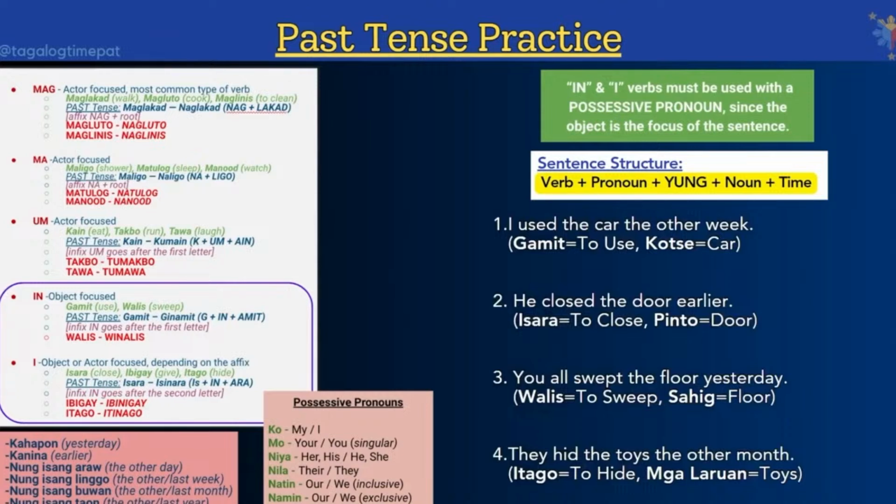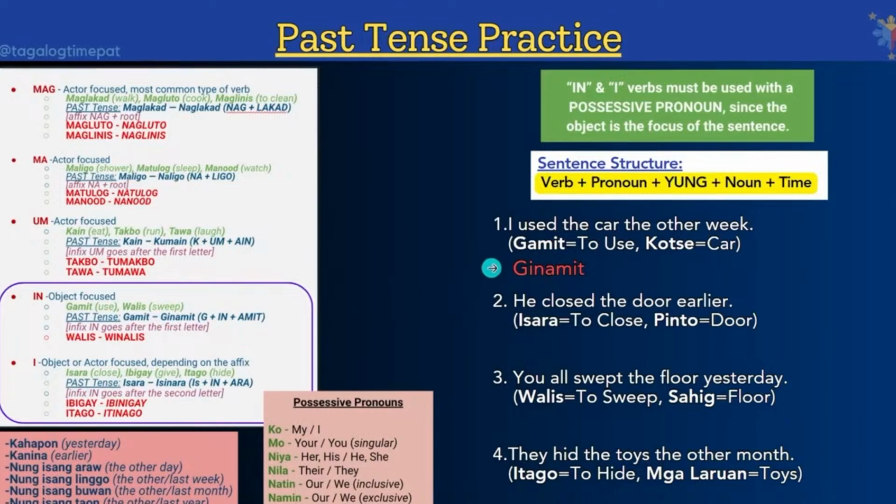So number 1, I used the car the other week. And I gave you some hints. Gamit means to use. Coche means car. So let's do this one together. So the sentence structure is verb plus pronoun. So it would be ginamit. That is the past tense conjugation of gamit. Remember, for in verbs, the infix in goes after the first letter.